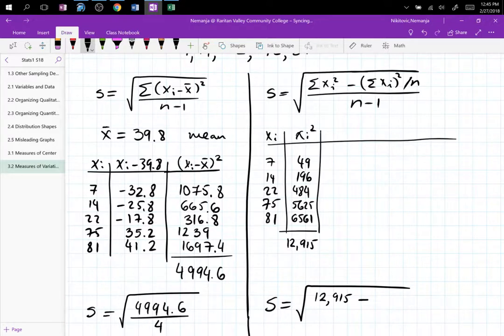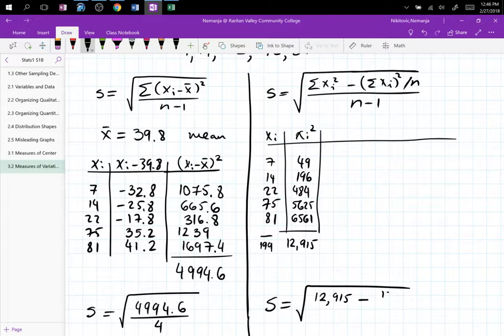The other side says that I have to square the sum of the xi's. Well, it's easy to add xi's, right? 7 plus 21, so we know the sum. What was the sum? Oh, I didn't. So 81, that's 150. It was 199, right?